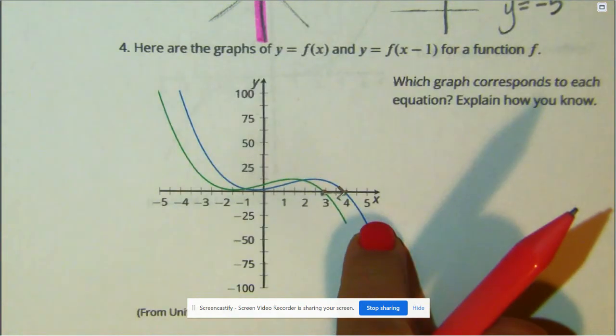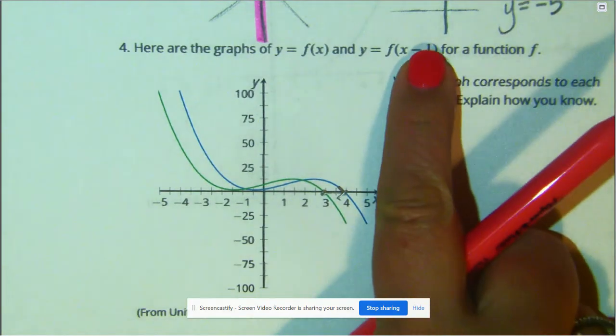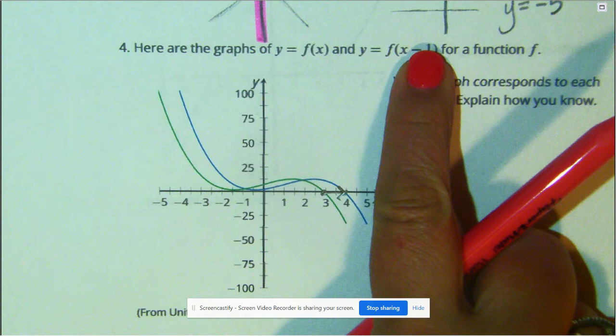And shifting a graph 1 to the right is this. So this blue graph is the green graph shifted 1 to the right. So the blue graph is this one right here. This is the f of x minus 1. So it shifted 1 to the right. And then this green graph is the original f of x.